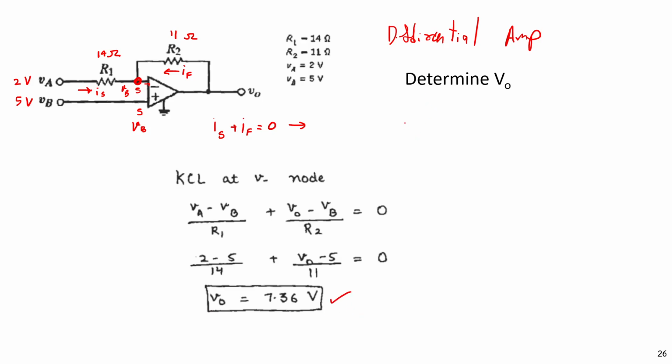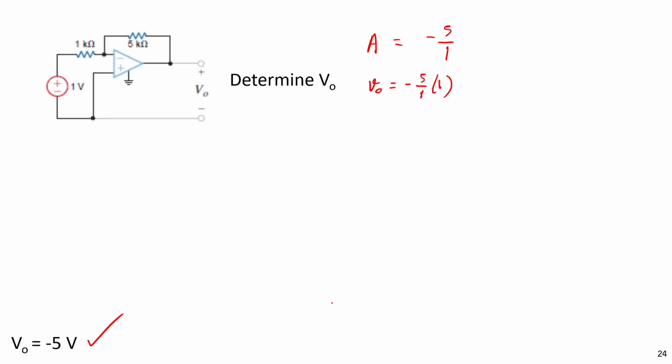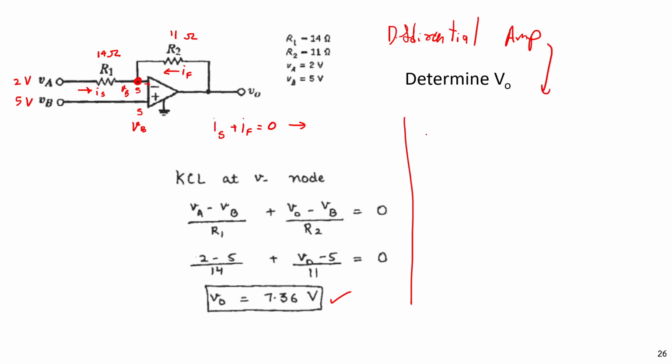On the other hand, if we use the formula of differential amp, what is the relation? Differential amp, R1 and R2 are here. The gain is here, and this is the difference, V2 minus V1. So Vout equals R2 by R1 into V2 minus V1.